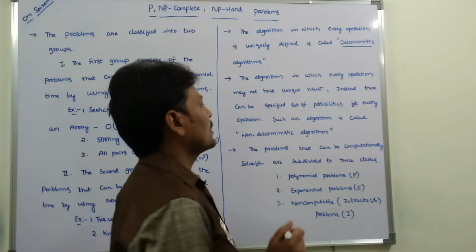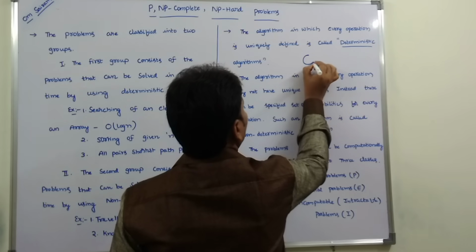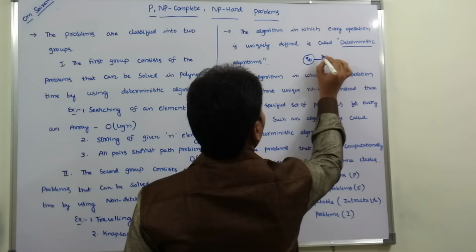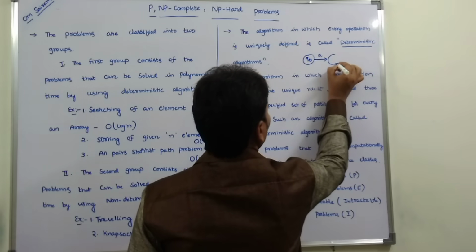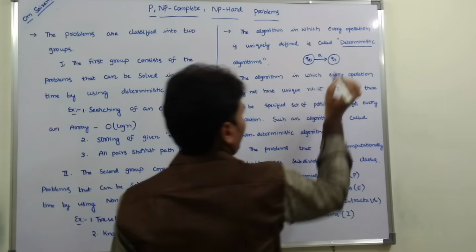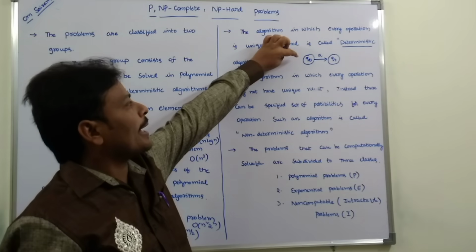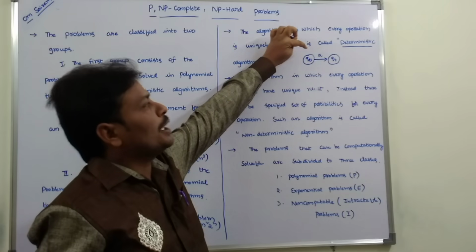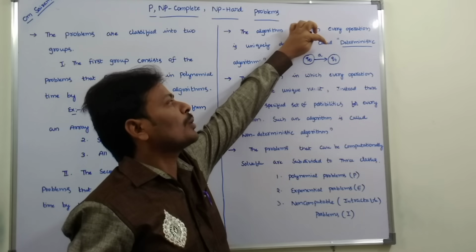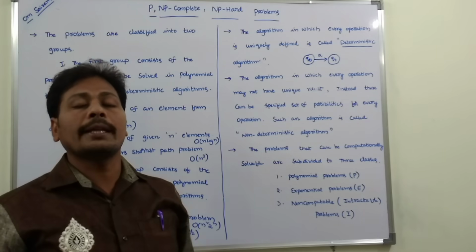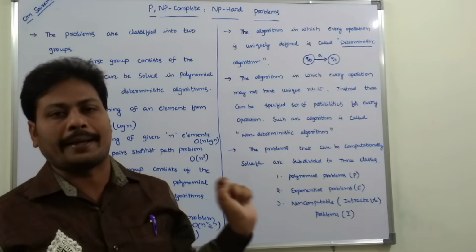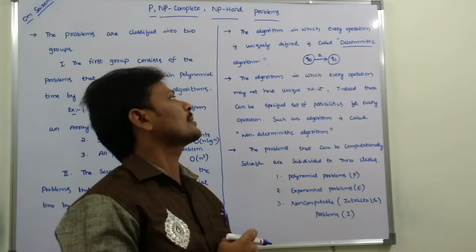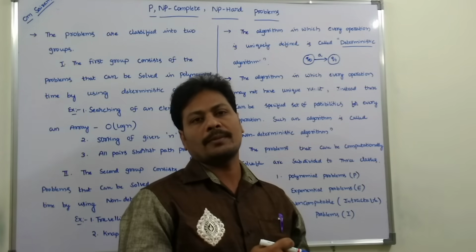For example, suppose we are at state Q naught. Q naught state with the input A goes only to Q1 state. There is no alternative. So that type of algorithm is called a deterministic algorithm.